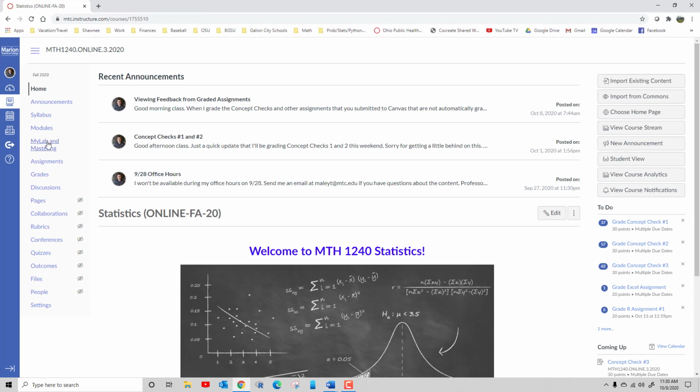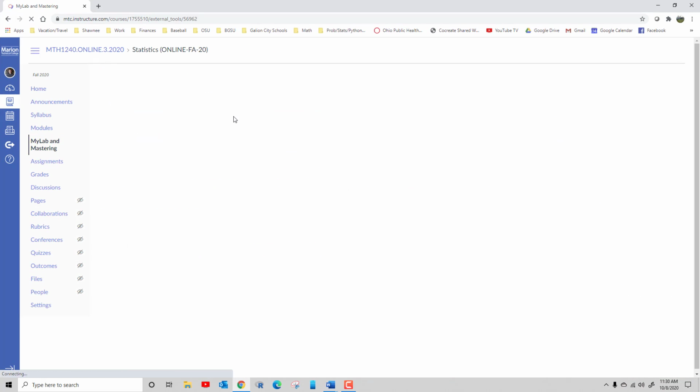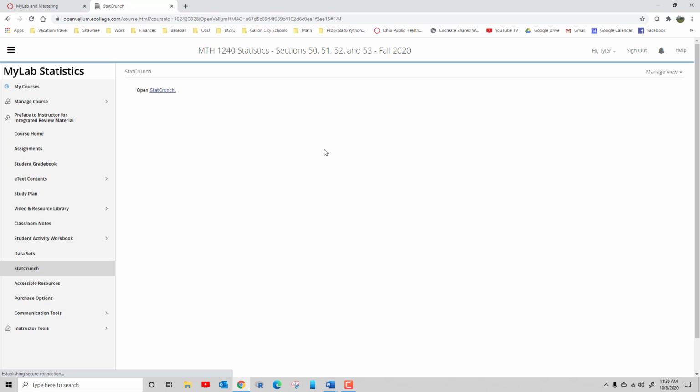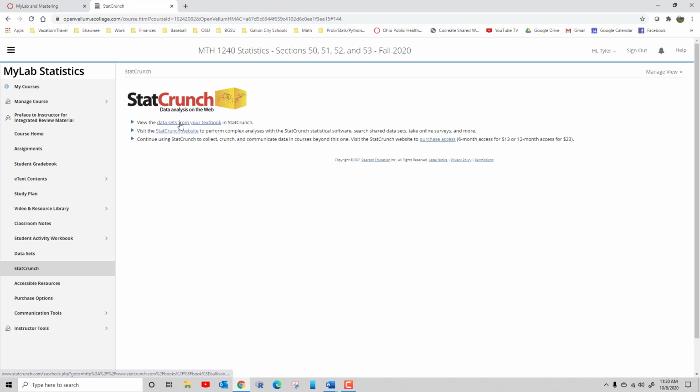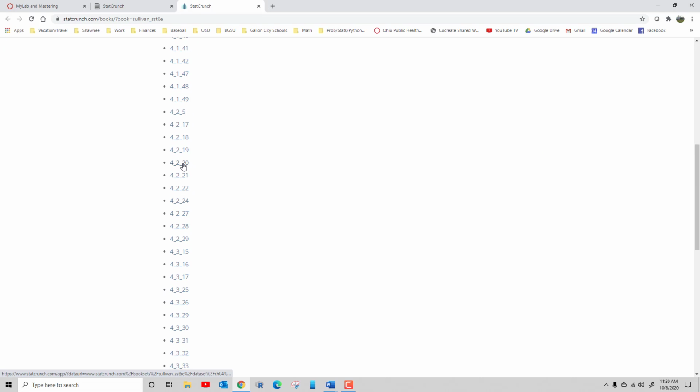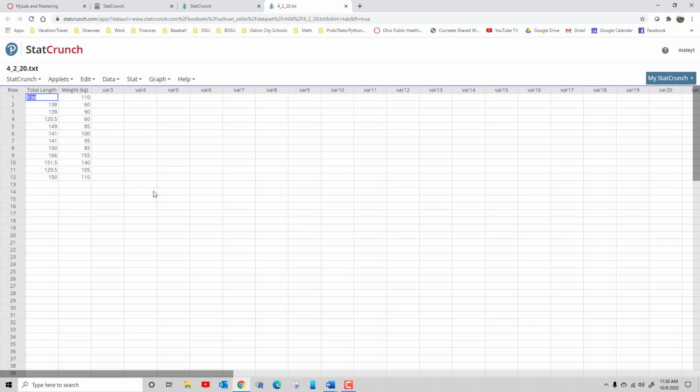If you go to Canvas and go to MyLab and Mastering, you can click Open MyLab and Mastering, and then click on StatCrunch, and then click on data sets from your textbook, and we want chapter 4, and it was 4_2_20. This is just one way to access it and have the data already in StatCrunch, or you could copy and paste from the Excel document that I posted on Canvas.